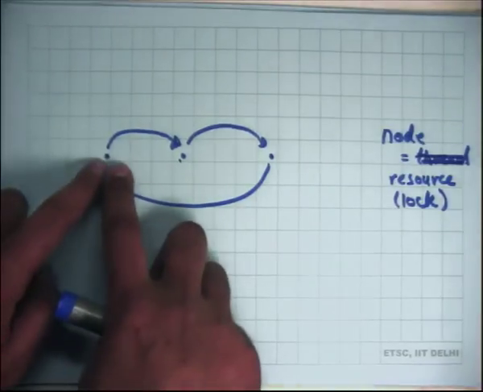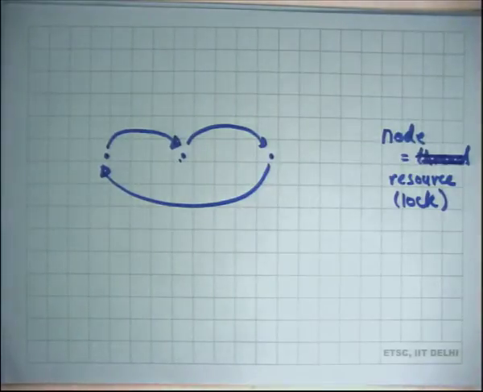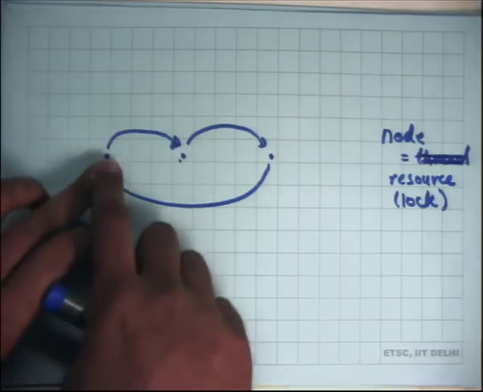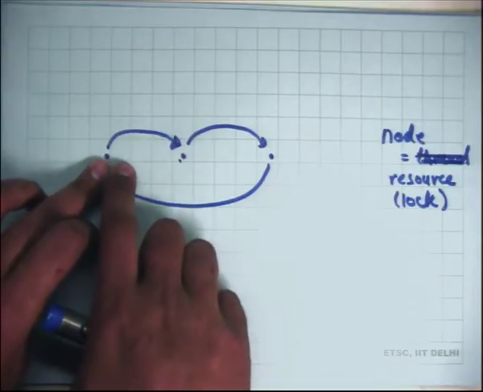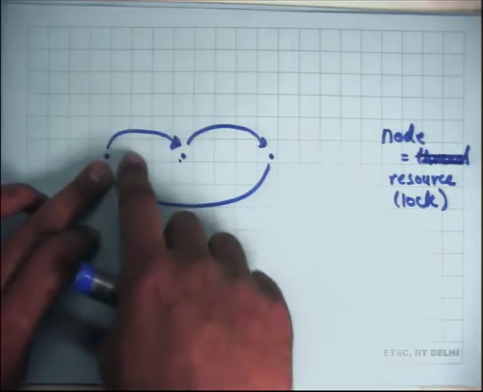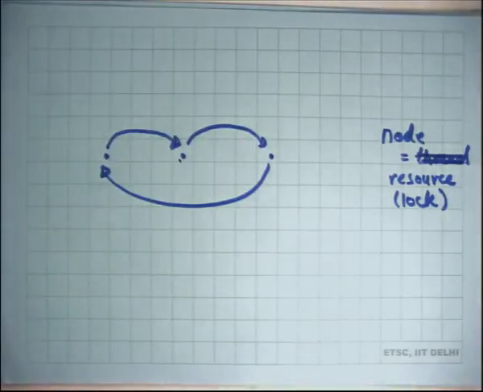So I draw an edge from one resource to another resource if it is possible for me to hold a resource and then request the other resource, all right? So if it's possible for one thread to hold one resource and request another resource, there's a directed edge from that. And a deadlock can occur if there's a cycle in this graph, right?